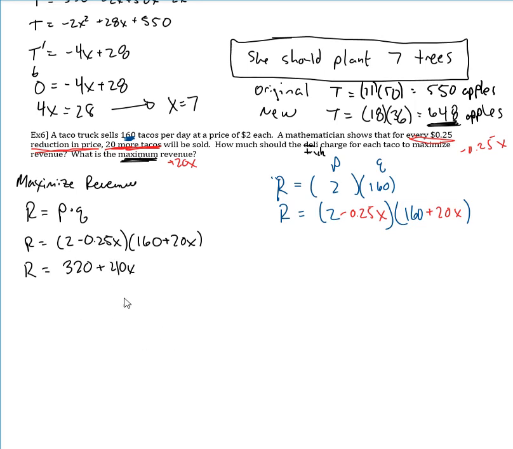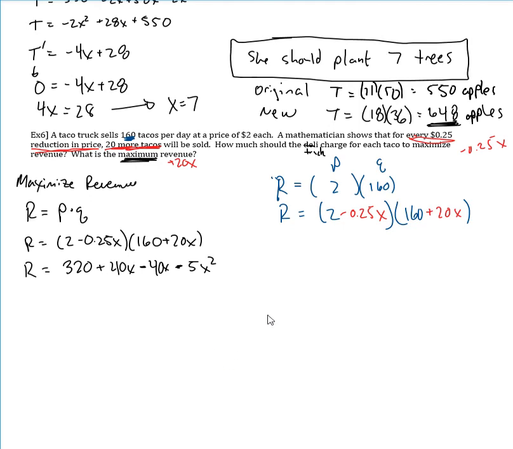Then negative 0.25x times 160 would be minus 40x. And then this multiplies this one, and we would have minus 5x squared.